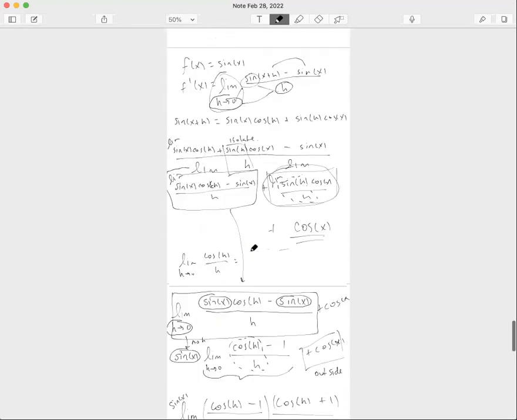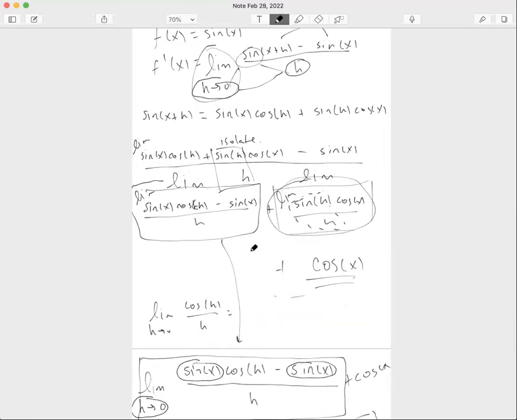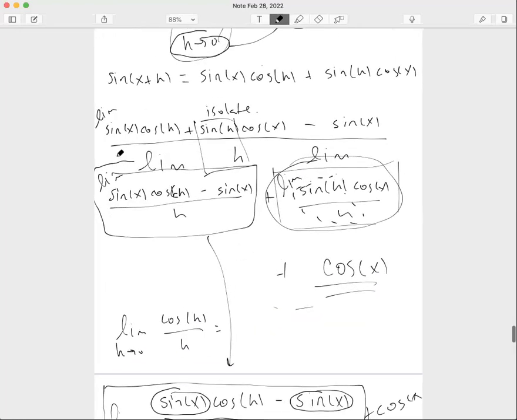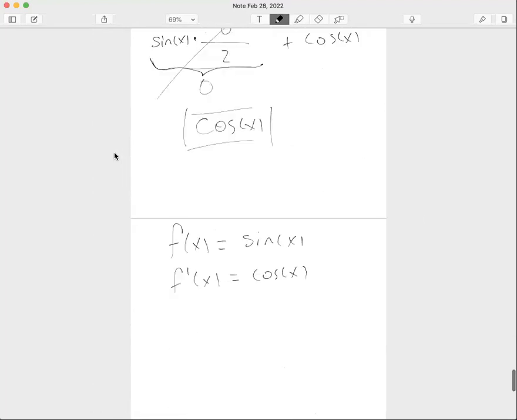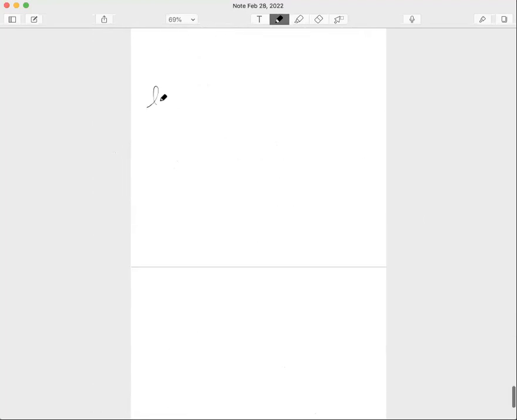Again, this is a sum over here, right? Remember we have this fact, that the limit of f of x plus g of x as x approaches a is the limit as x approaches a of f of x plus the limit as x approaches a of g of x.